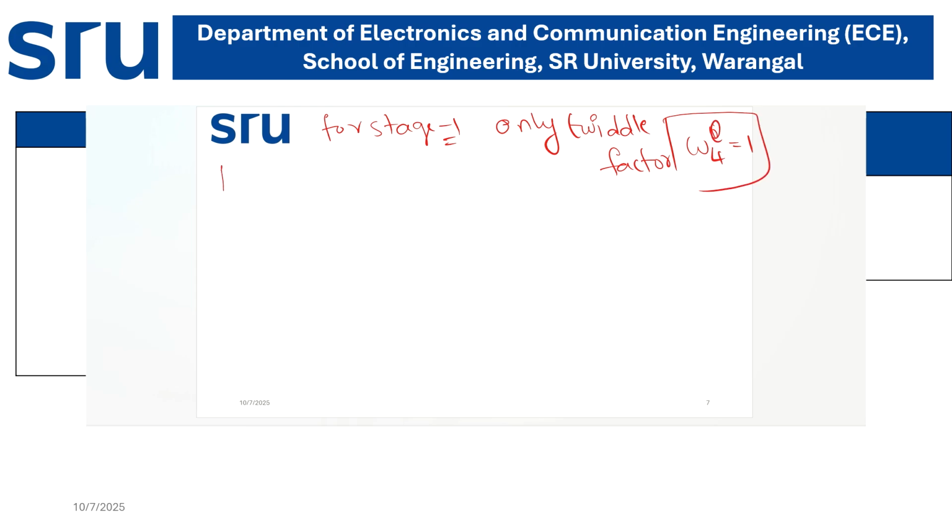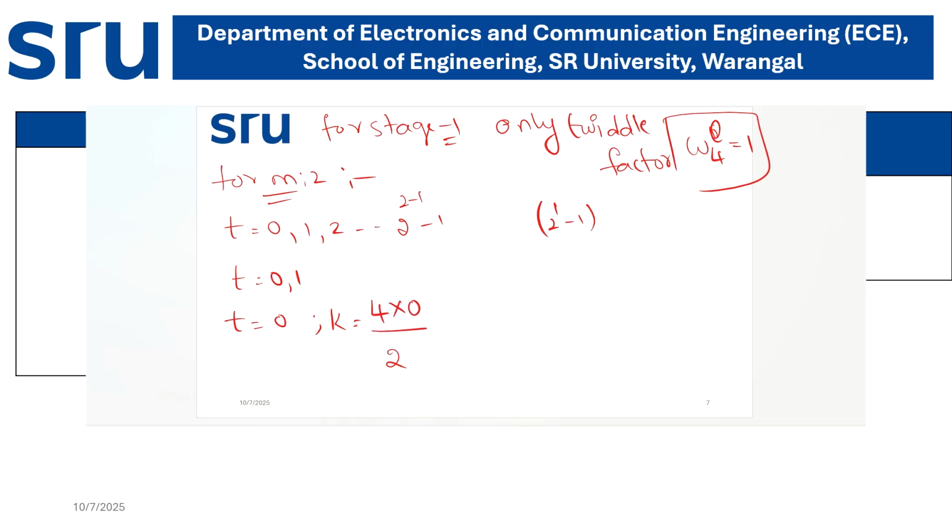Next, for stage 2, similarly we can find it out. M is equal to 2. If M is equal to 2, t value is 2 power 2 minus 1 minus 1. So 2 power 1 minus 1, 2 minus 1 is 1. The t value is starting from 0 and ending with 1. If t is equal to 0, then k is equal to 4 into 0 by, so here for second stage, the stage index is 2.